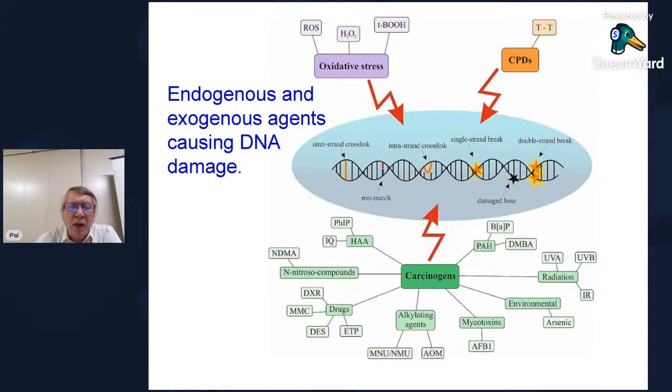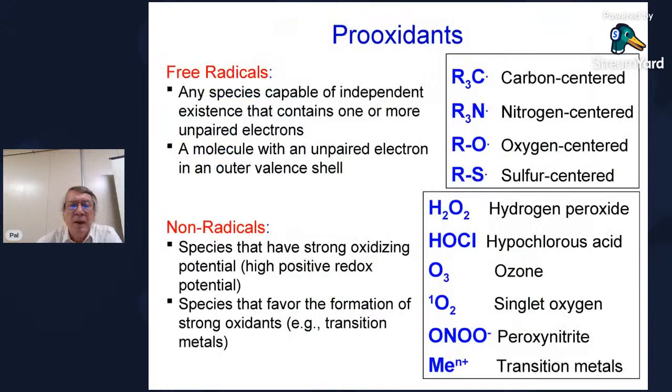And there are some drugs which, typically after metabolic transformations, are converted into electrophilic species which can covalently modify the DNA structure, and the so-called N-nitroso compounds, which can be of endogenous or exogenous origin. We will see examples for each subtype of them.